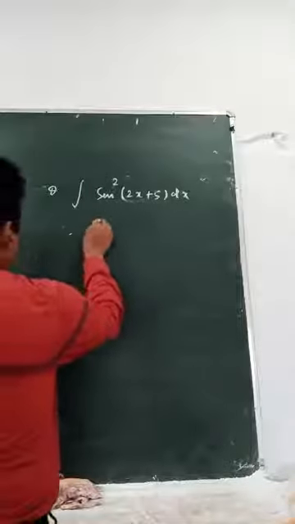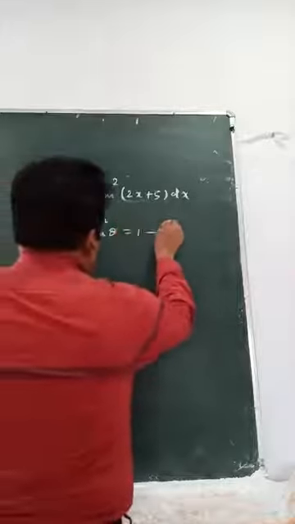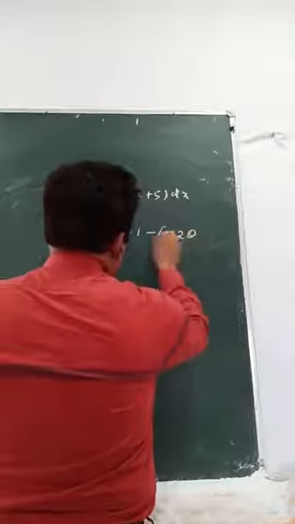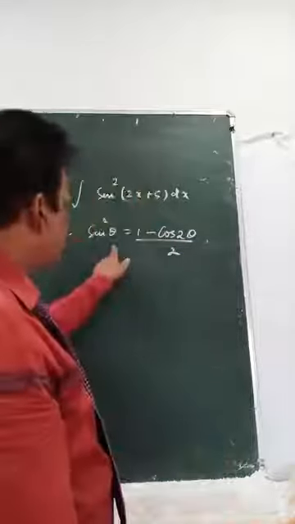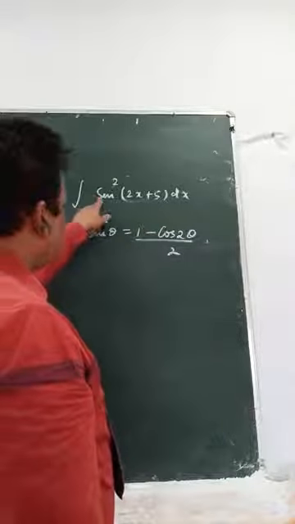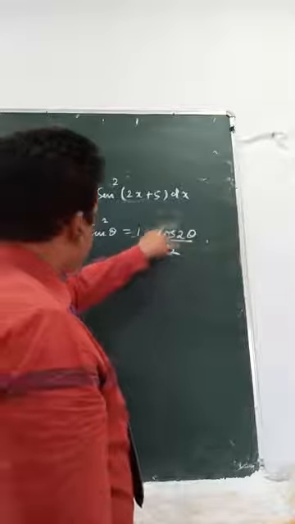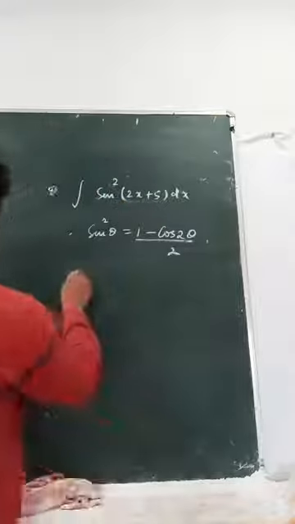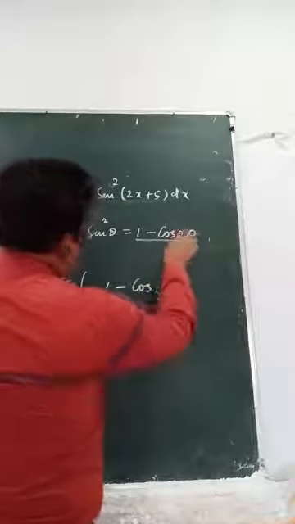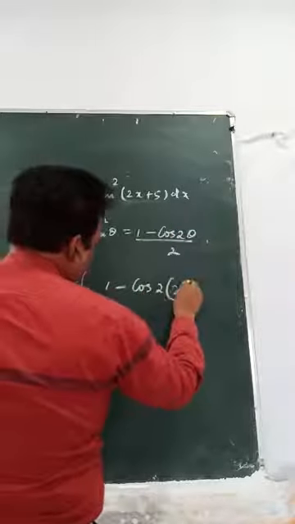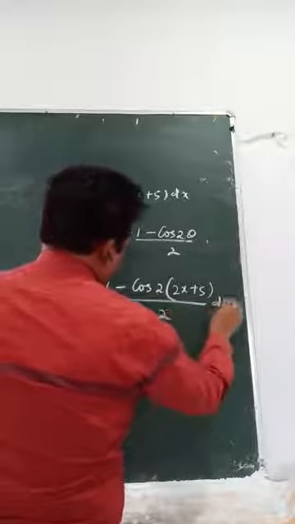Now compare it with your sine square theta, 1 minus cos 2 theta by 2. So sine square theta means I have to remove the power. 1 minus cos 2 times this angle. So this will be 1 minus cos 2 times the angle. Theta means 2x plus 5, divided by 2 dx.